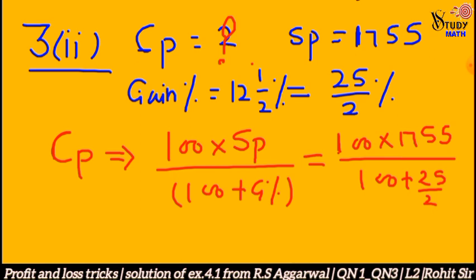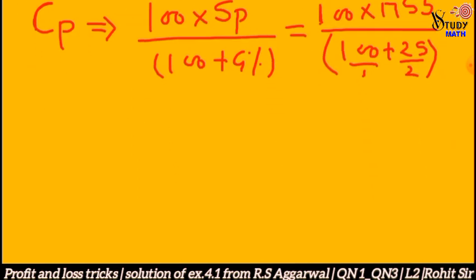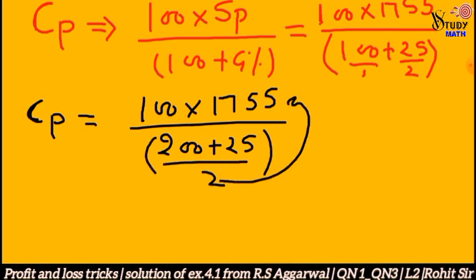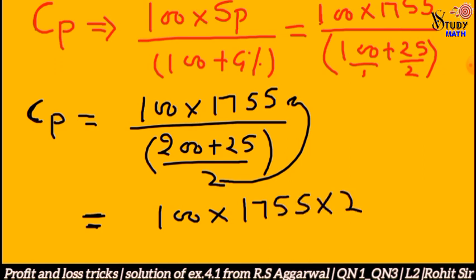Now take LCM here. CP will be 100 into 1755 upon 200 plus 25 upon 2. This 2 goes in the numerator and we can write 100 multiply 1755 multiply 2 upon 225.